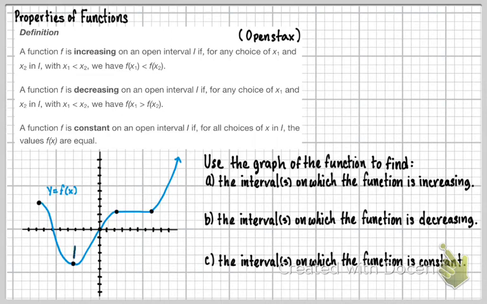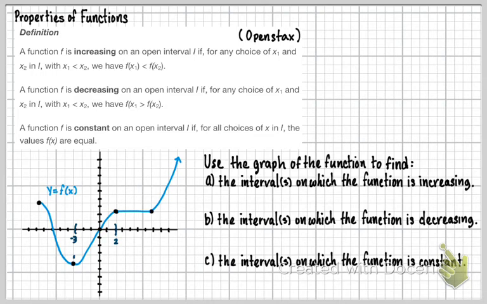So if I draw that line up there, I see it's going to happen here all the way to here. And that whole interval, from that x value of -3 all the way to 2, is going to be the interval where it is increasing.